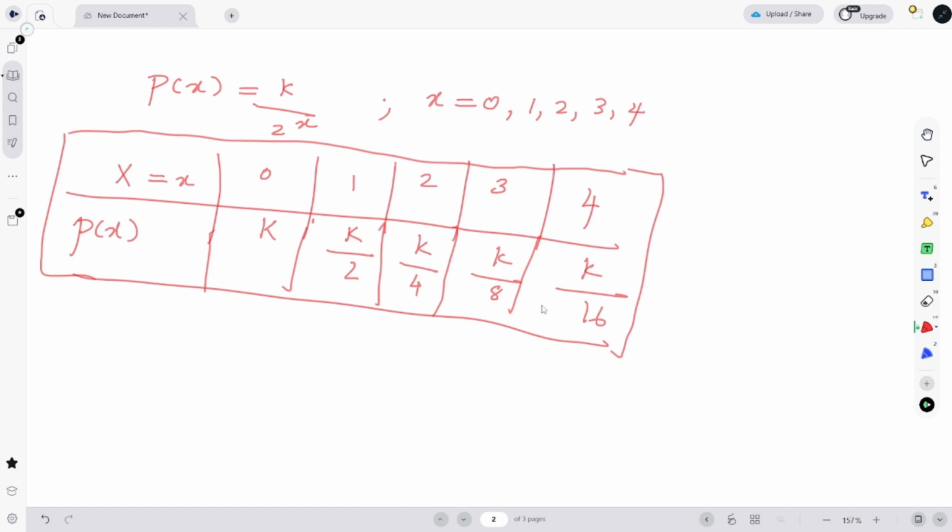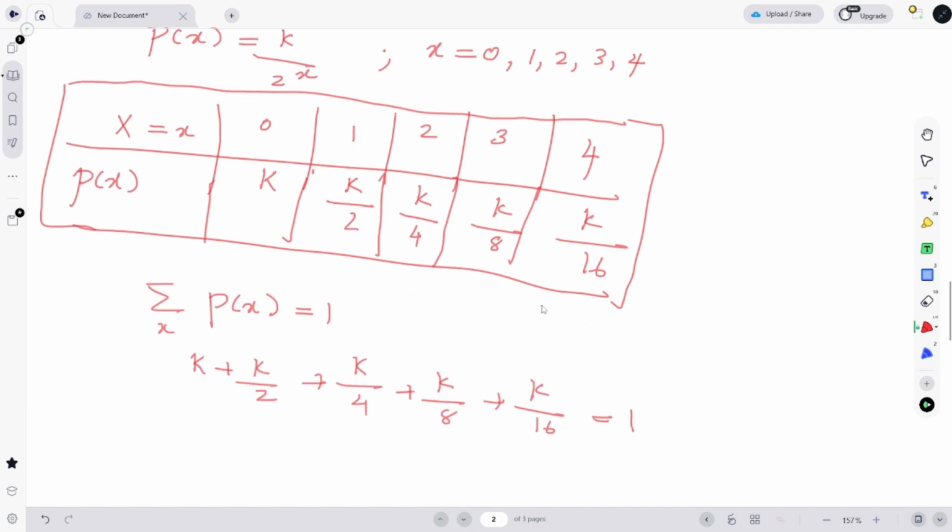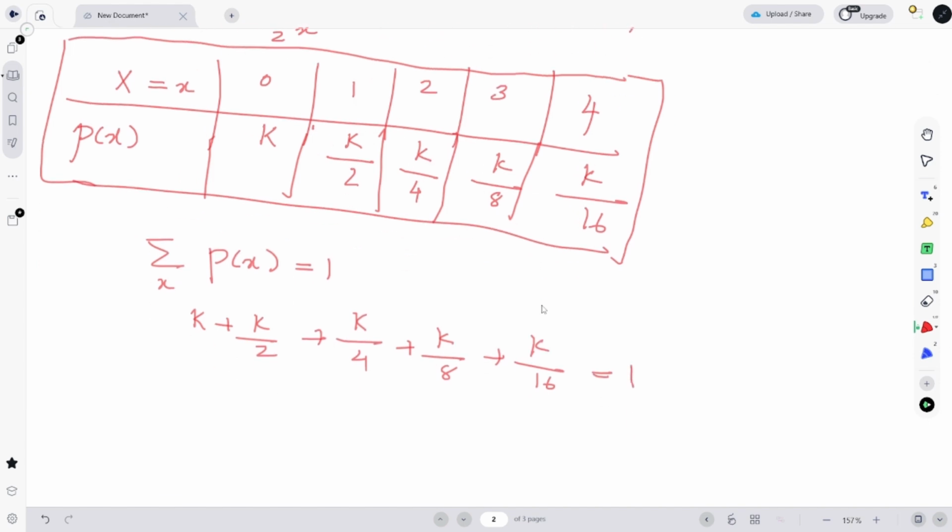Now you have to find the value of k. So we know that the sum of probability, sigma p of x, is always equal to 1. So we can write k plus k by 2 plus k by 4 plus k by 8 plus k by 16 is equal to 1. So you can take k outside: 1 plus 1 by 2 plus 1 by 4 plus 1 by 8 plus 1 by 16.